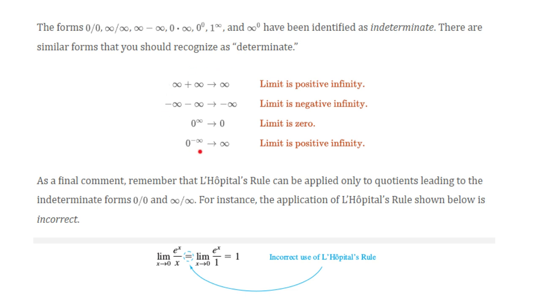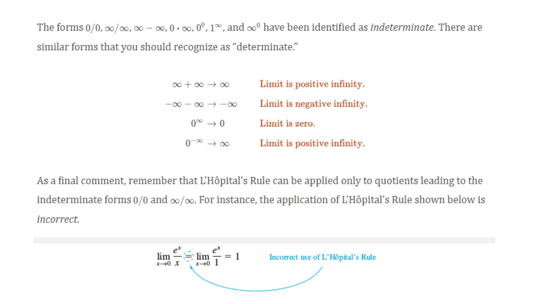Just be careful, these are not indeterminate forms. The forms we've looked at, back up to your top left, 0 over 0, infinity over infinity, these are direct cases for L'Hopital's rule. These other indeterminate forms that we've investigated, you need to get them in the format of the first two if you plan to use L'Hopital's rule.